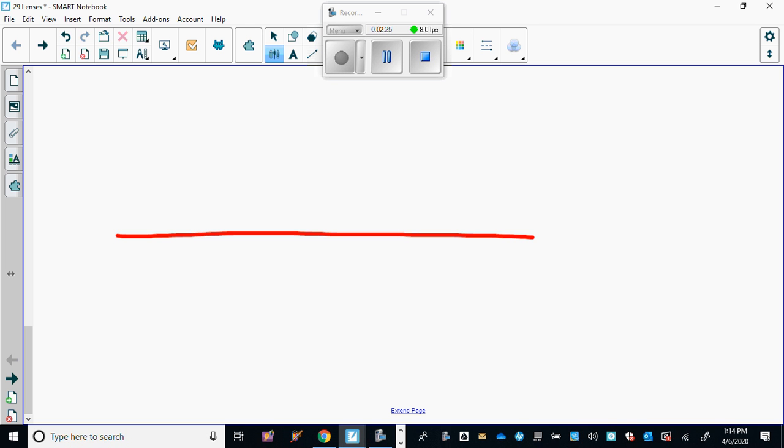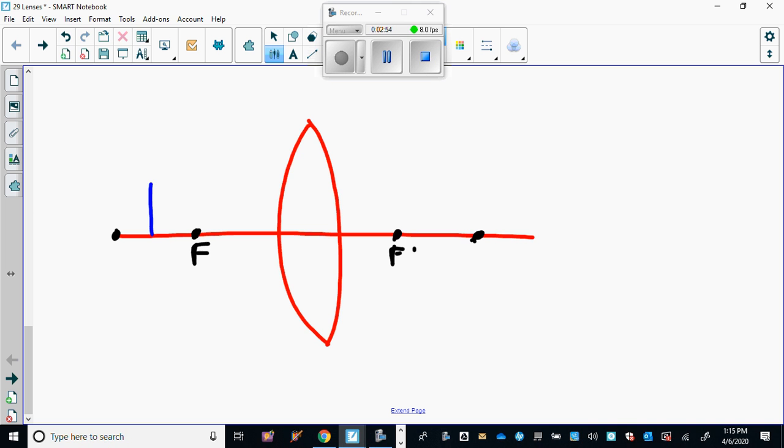So here's our principal axis. Let's start with a convex lens. And for lenses, we're going to do focal points on each side. Some people call this F1, F2, F1 prime, F2 prime, don't really care. So this is the focal point, and we'll just call this F prime. And let's put an object here.